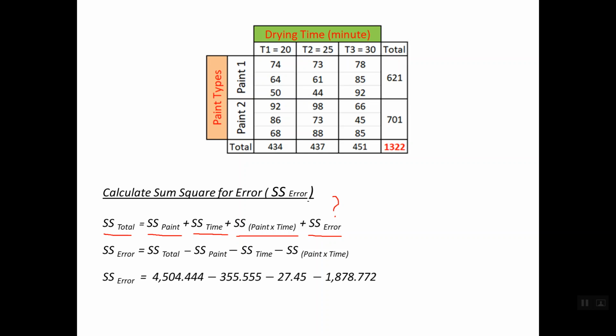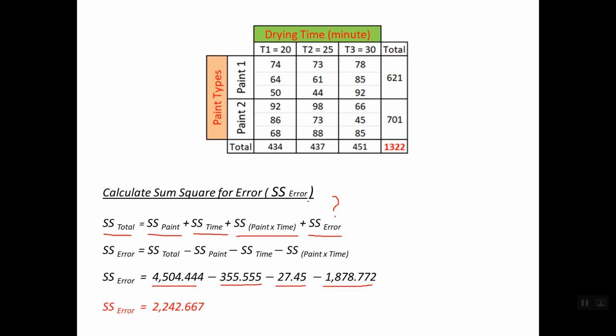and we can substitute. This is the SS total, this is the SS for the first factor, which is the paint, and this is the SS for the second factor, which is the time or drying time, and this is the SS for the interaction between the 2 factors.